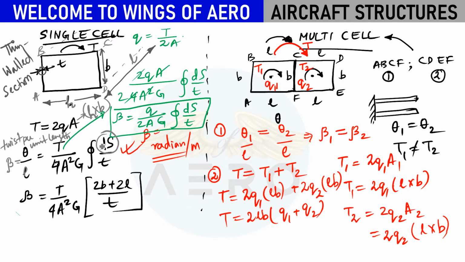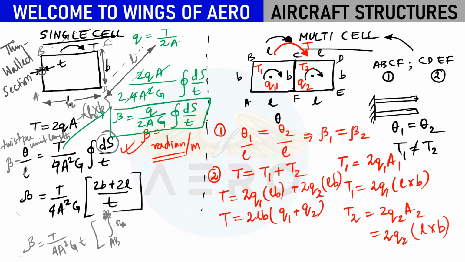So I write beta equals T by 4A squared G. Let's consider the thickness is the same, so I take t outside. Now the integration of ds from 0 to AB. What is a perimeter? It is a length, so we will see what coefficient that is.